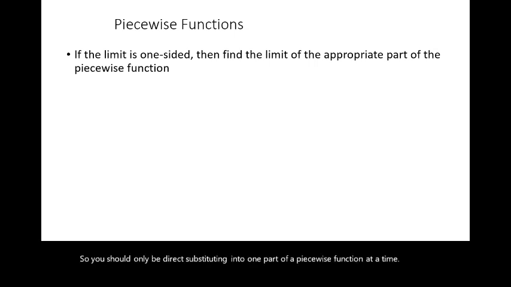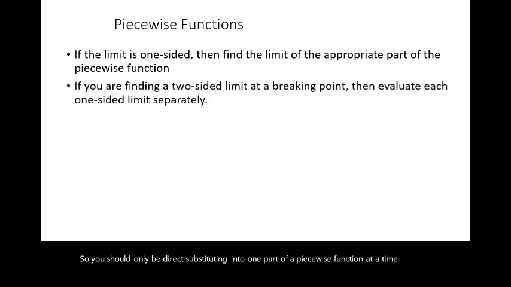If you have a one-sided limit at one of those breaking points, then you are going to be direct substituting into the appropriate part of a piecewise function. If you have a two-sided limit at a breaking point, unfortunately, you are going to have to find the one-sided limits individually.